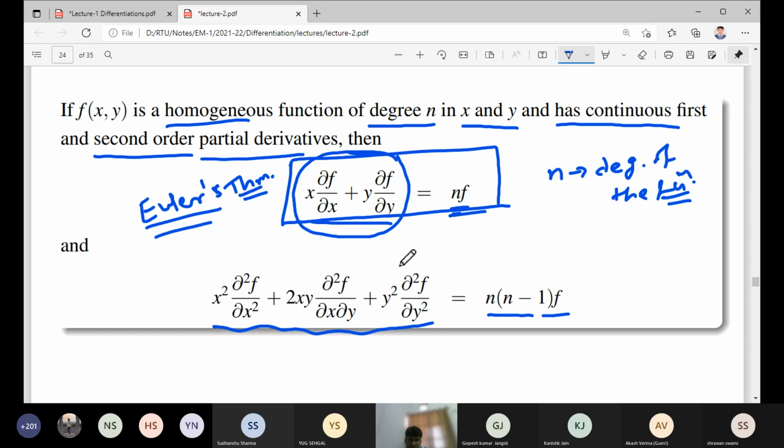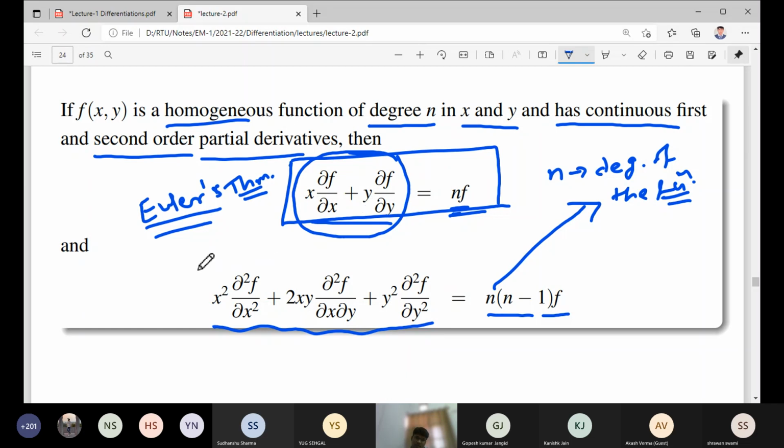And if you are interested in the second order partial derivatives multiplied by the variables, the value of this left hand part equals n into n minus 1 times f, where n is the degree of the given function. So with the help of Euler's theorem, you can easily find the value of these left hand parts of the partial derivative relations.